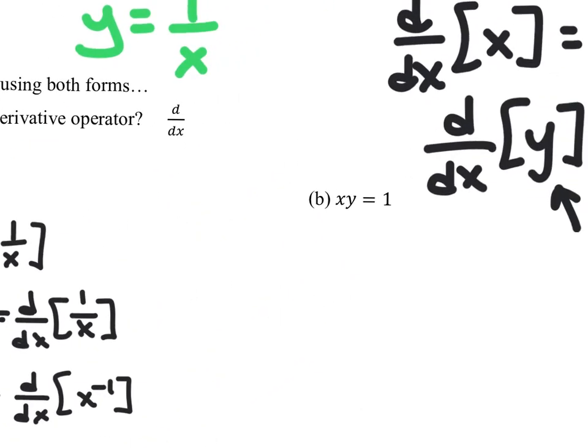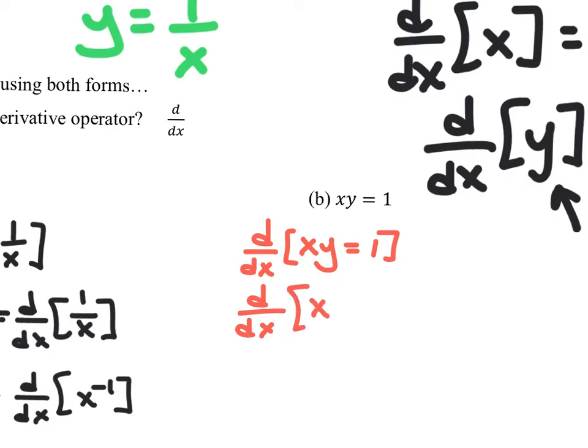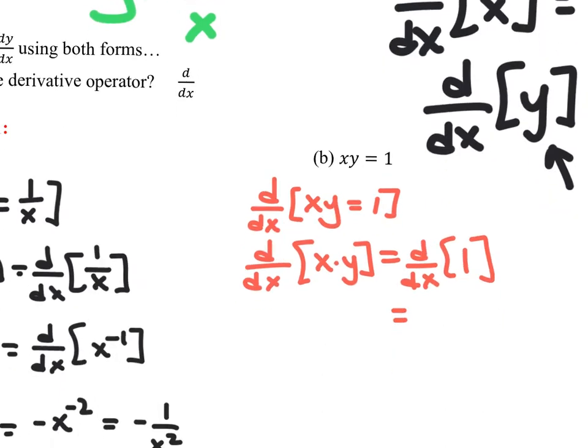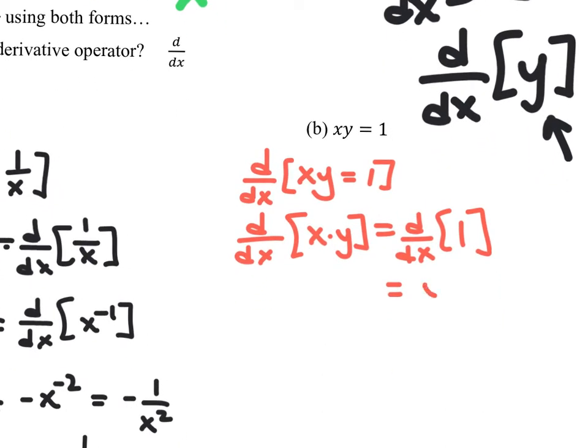So now I'm going to do d dx of xy equals 1. Again, I'm going to split that up. Take d dx of x times y. You might see a product rule coming here. Equals d dx of 1. The derivative of a constant is going to be 0.